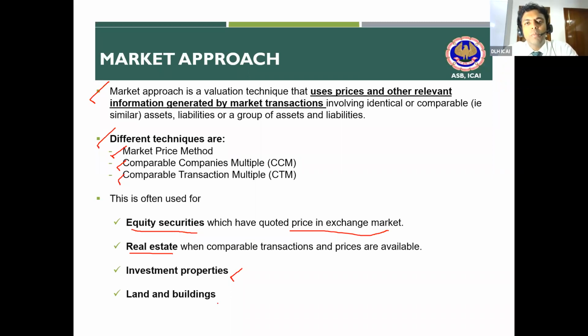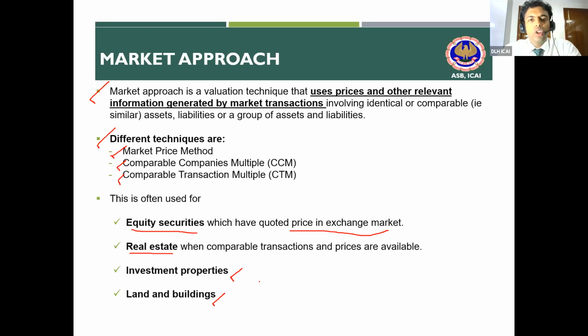So which approach is more suitable? The valuer has to determine the limitation and the pros and cons of each of the approaches, and basis that, whatever the best suited approach, the valuer has to determine and mention in its report which is the best suited approach in this particular transaction. If I need to do the fair valuation of the land and building, market approach is more suitable.